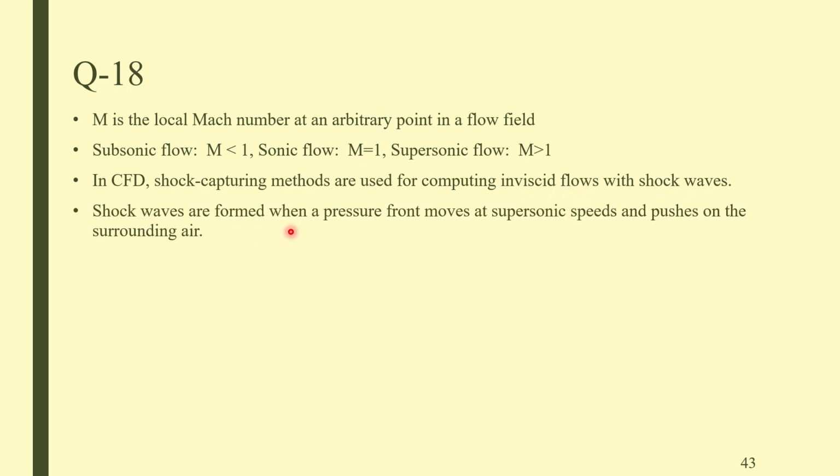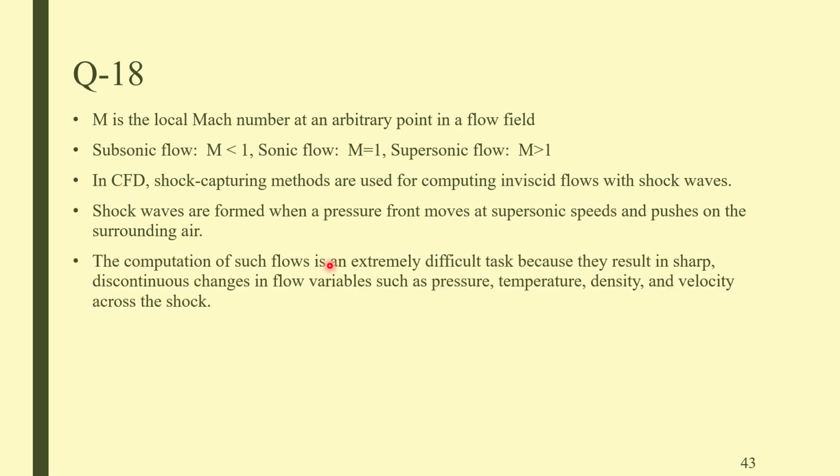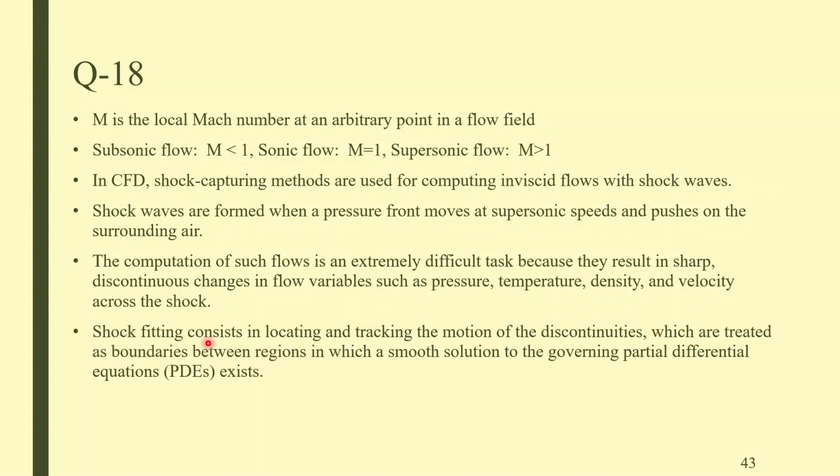Shock waves are formed when a pressure front moves at supersonic speeds and pushes on the surrounding air. The computation of such flows is an extremely difficult task because they result in sharp discontinuous changes in flow variables such as pressure, temperature, density, velocity across the shock. Shock fitting consists in locating and tracking the motion of these discontinuities, which are treated as boundaries between regions in which a smooth solution to the governing partial differential equation exists.